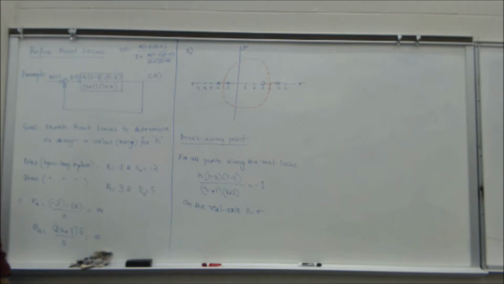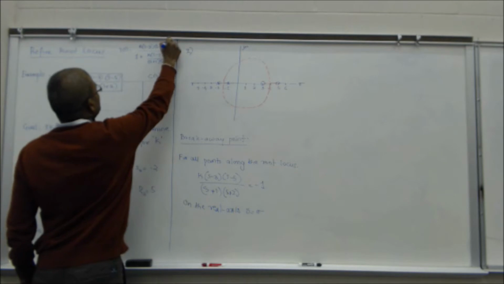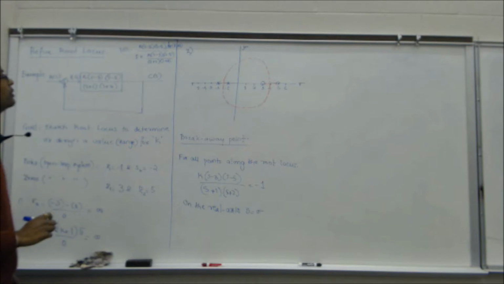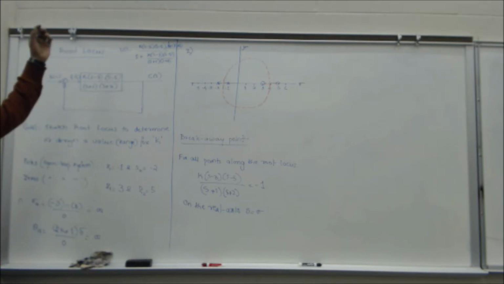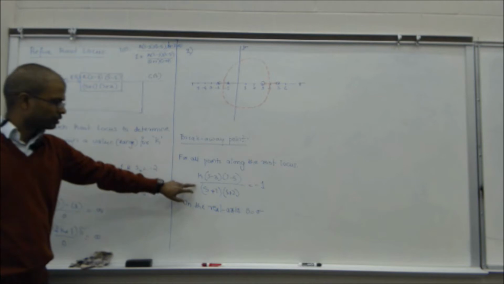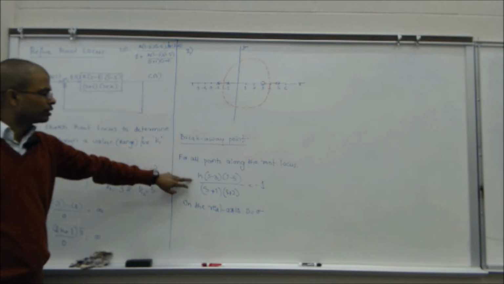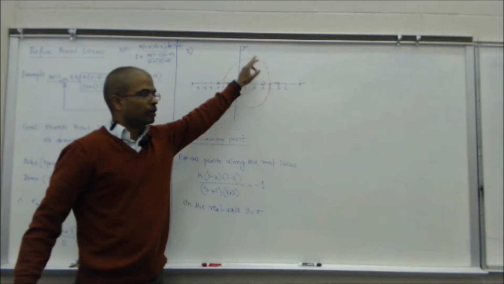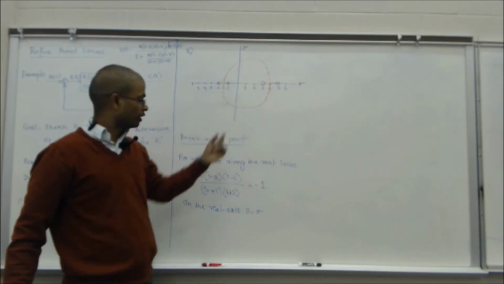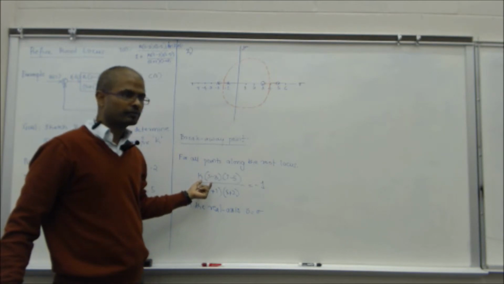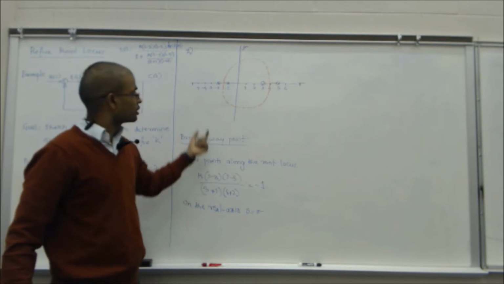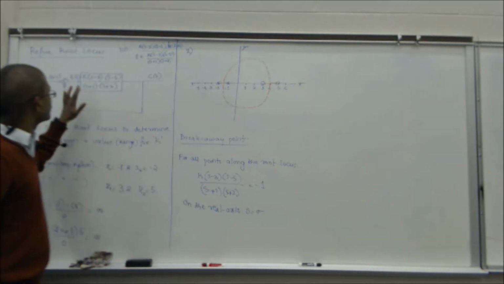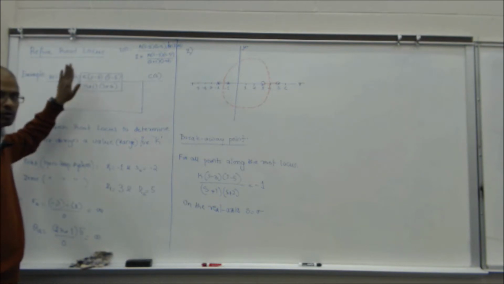The top will change; it will be S plus 1 into S plus 2. This simply means these are poles. All these paths are poles for different values of K, just like these are poles. How do we figure out the poles of this open loop system without the K?